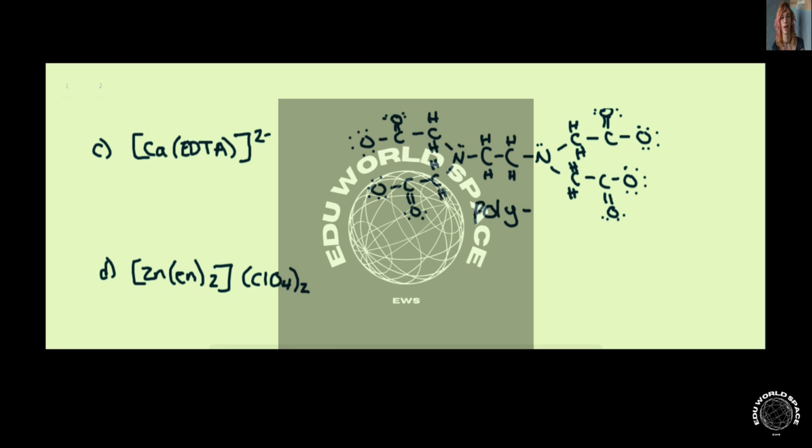For part D, we have this ethylenediamine, or EN, which is similar to this EDTA, where it is just a CH2, CH2, and H, where you have two sets, or two lone pair sets, two lone pairs on the nitrogen groups, and so this is a bidentate ligand.